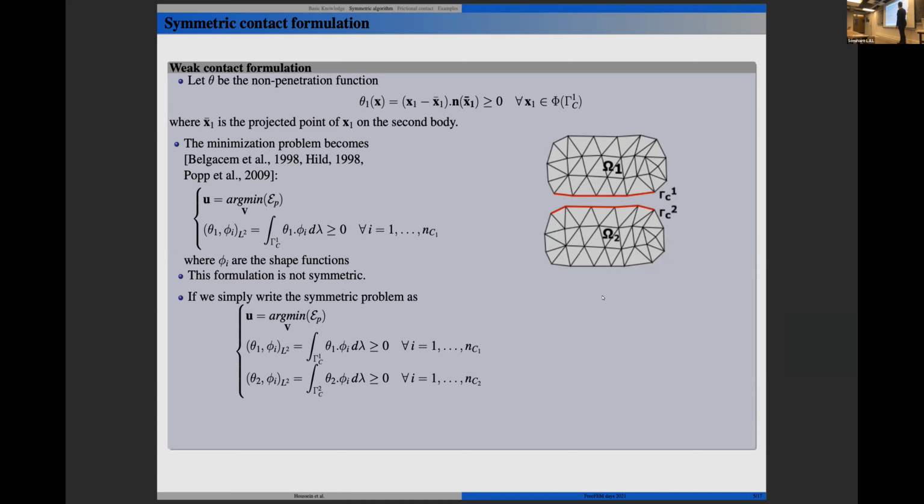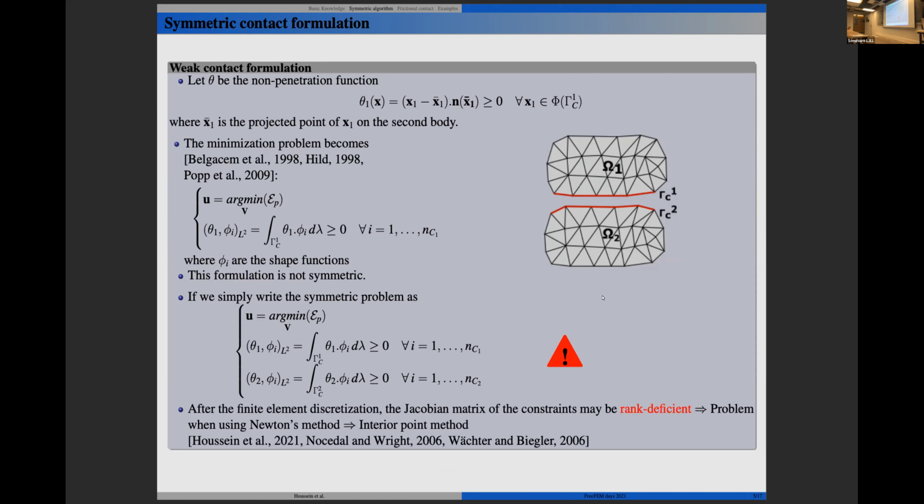Here, NC2 is the number of nodes at the second contact area. And therefore, we obtain NC1 plus NC2 constraints. But if we use an optimization method like, for example, the active set method, an optimization method that at each iteration activates several constraints, in this case we may have a numerical difficulty. For example, the Jacobian matrix of the constraints may be rank deficient.